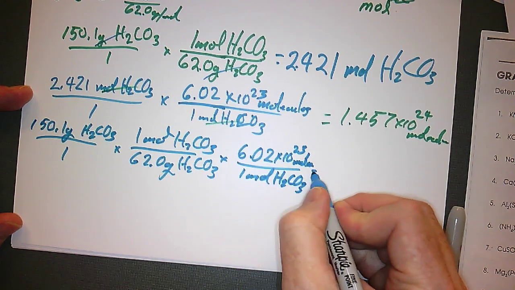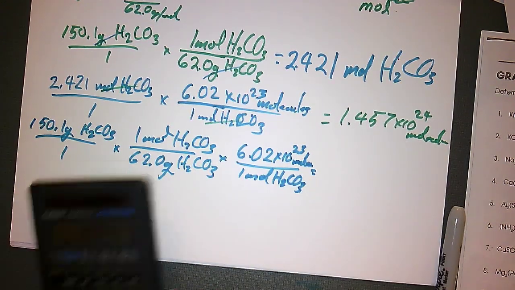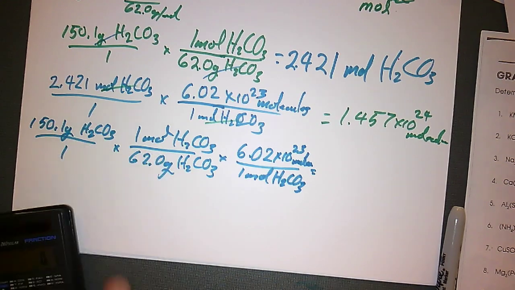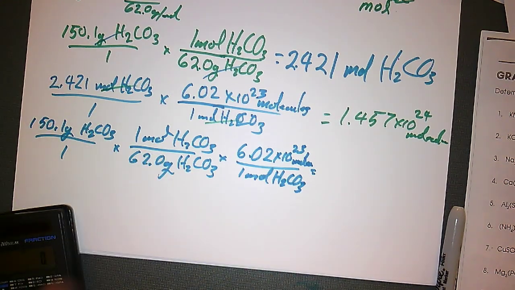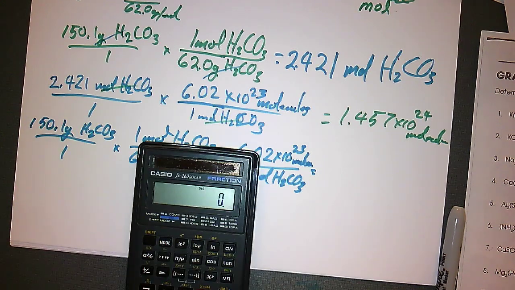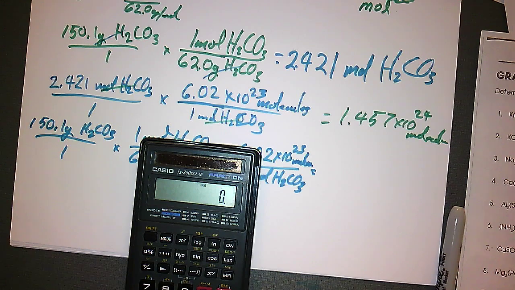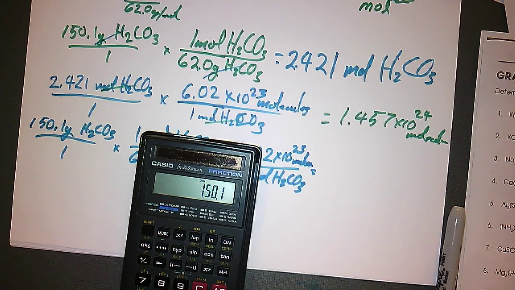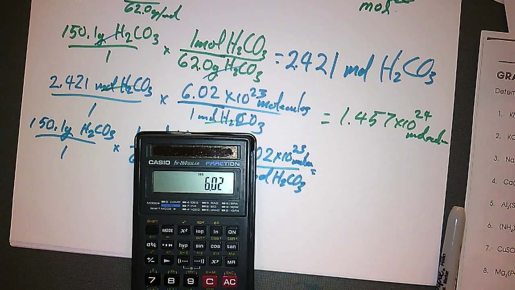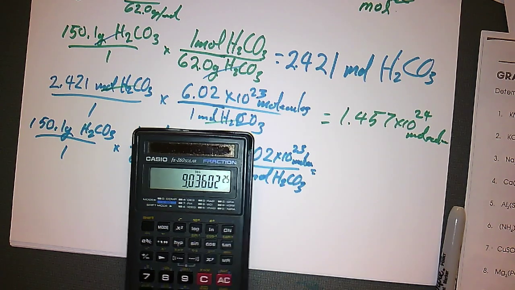H2CO3. Then we can do it all on our calculator, because you multiply the top, multiply the bottom, and divide. But 1 times 62 times 1 is still just going to be 62. So I can just punch it in my calculator: 150, times 6.02 to the 23rd. And I get that number.